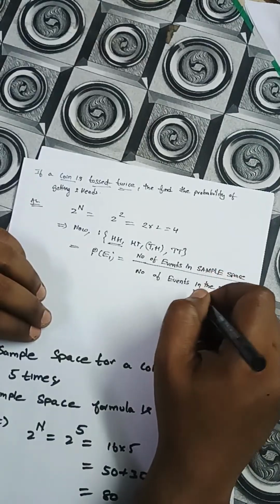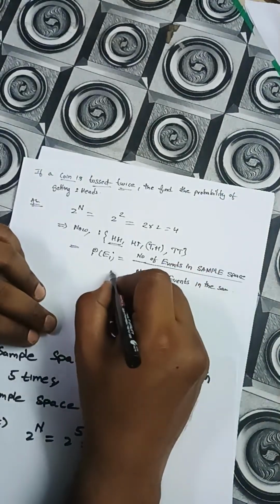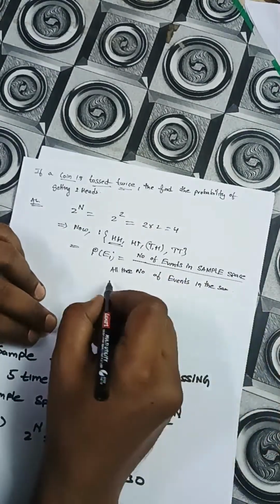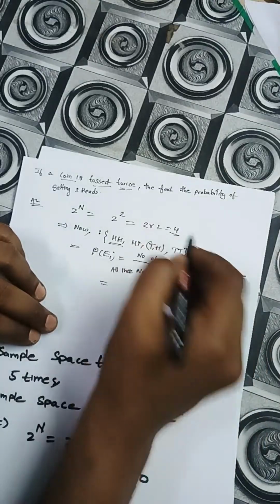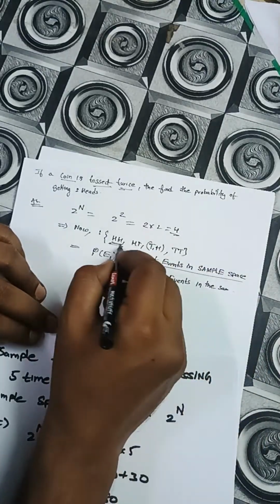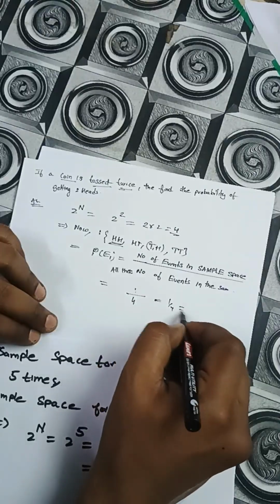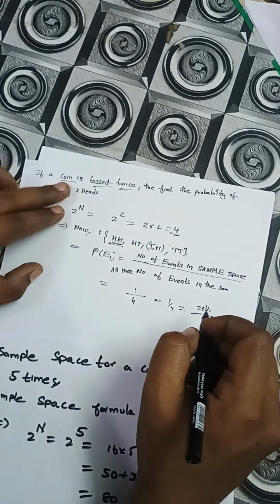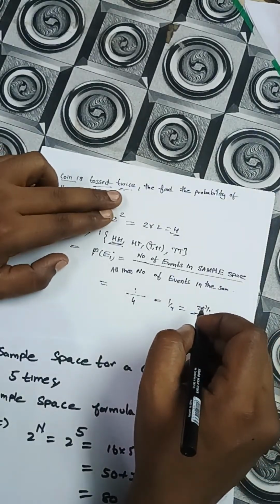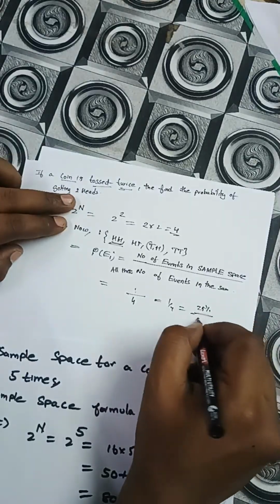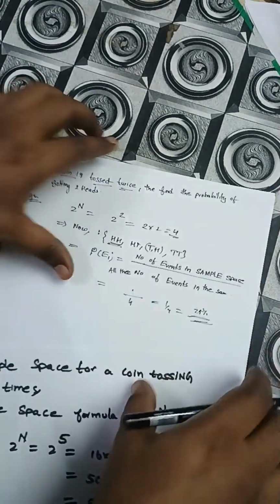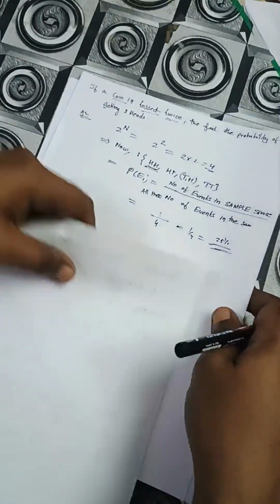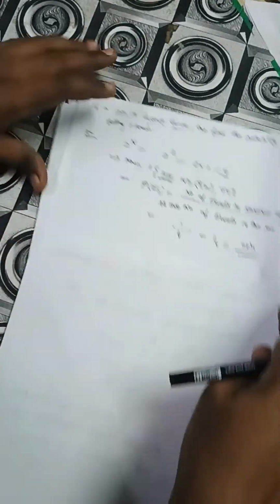All the number of events in the sample space is 4, and the only favorable event is this one. So 1 by 4 is the answer. If people ask for percentage, you can also say there is a 25% chance: if a coin is tossed twice, then your probability of getting 2 heads is 25%. Simple. Okay, one more thing I will tell you. This is one of the easiest problems that we are going to solve today.